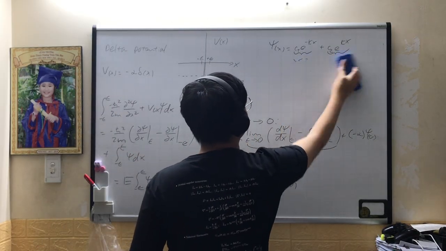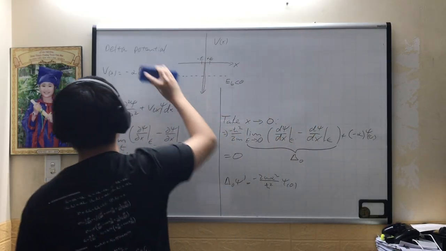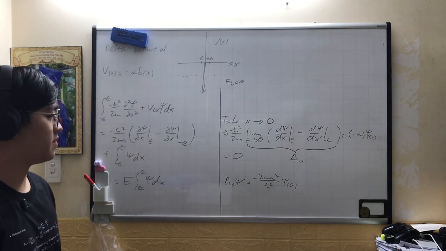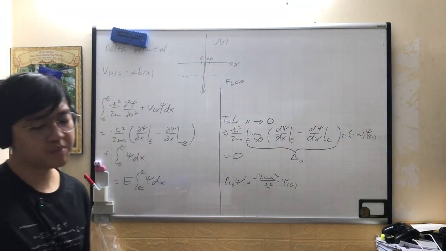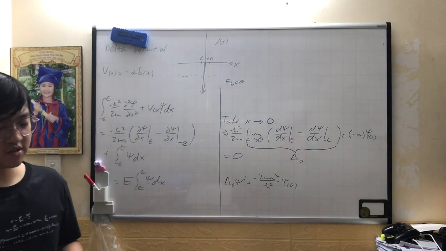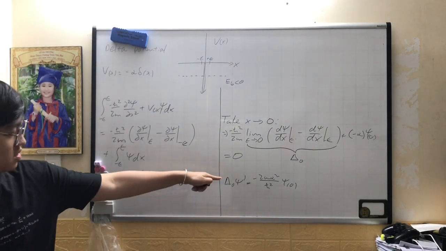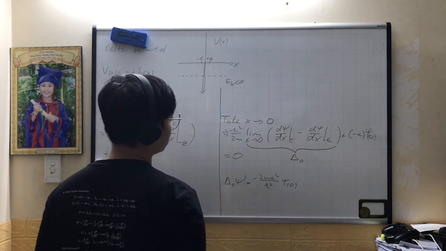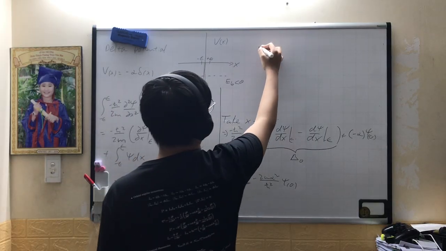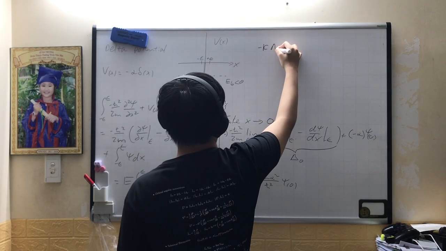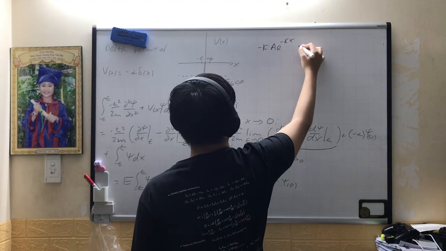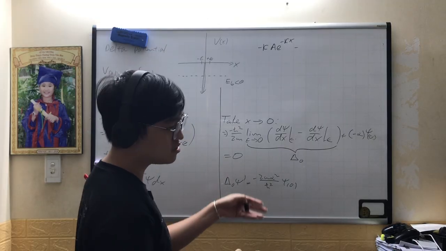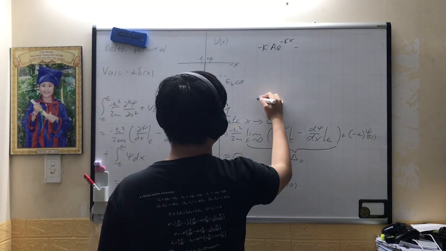This, right, and now, okay, maybe I shouldn't have erased that, but I hope that you remember what the wave functions are, as we're gonna apply this to our wave function. So this is minus kappa alpha e to the minus kappa x, and the other term is actually the minus term, which is this.